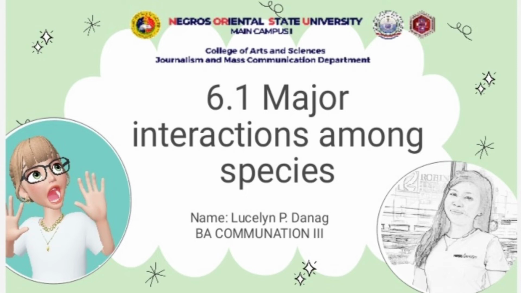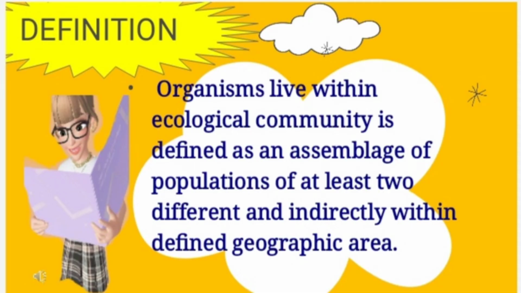Today, I'll be reporting or discussing 6.1, which is the major interactions among species. Let us first define the major interactions among species. Organisms live within an ecological community, which is defined as the assemblage of populations of at least two different species interacting directly or indirectly within a defined geographic area.